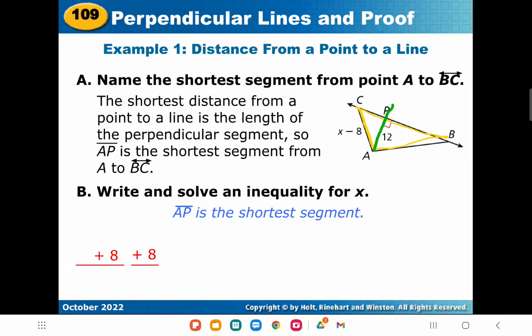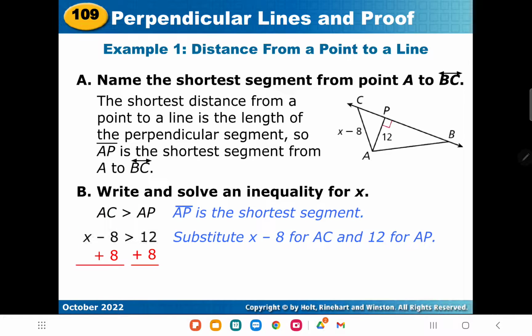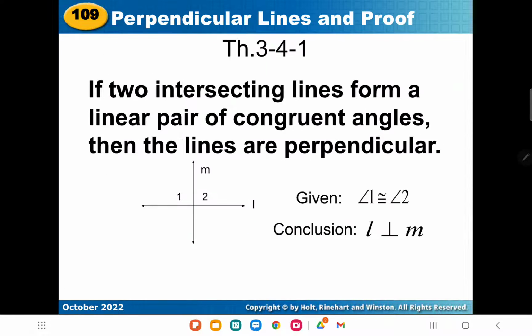So we're going to write and solve an inequality for that, showing that AP is the shortest segment, and therefore AP, 12, must be less than AC, x minus 8. Or AC is greater than AP, x minus 8 is greater than 12, and thus x must be greater than 20. So any value greater than 20 is going to make this work.